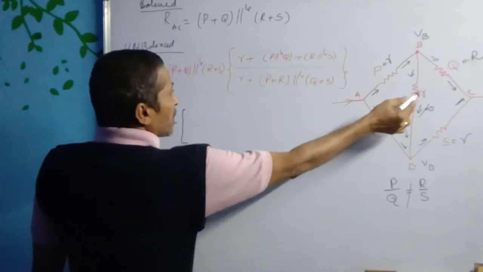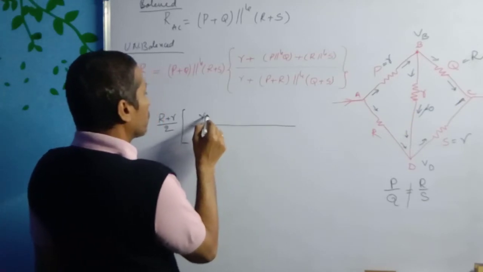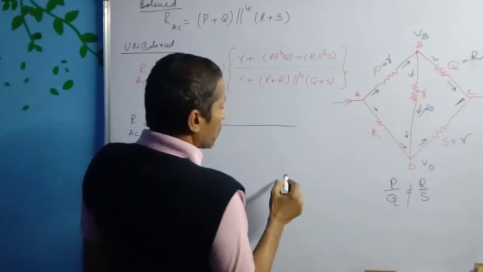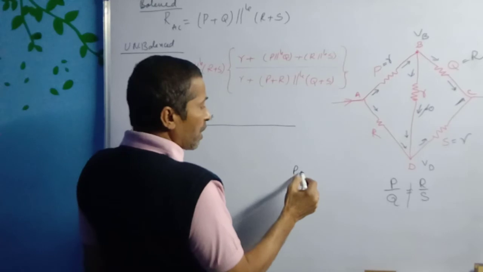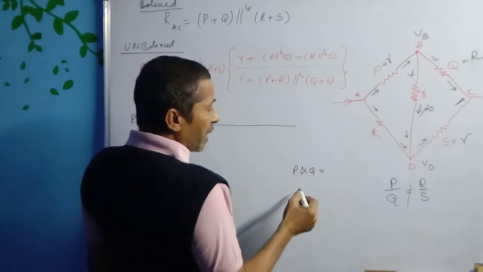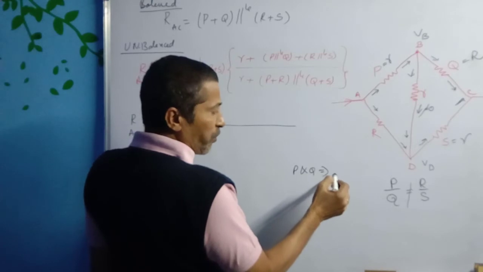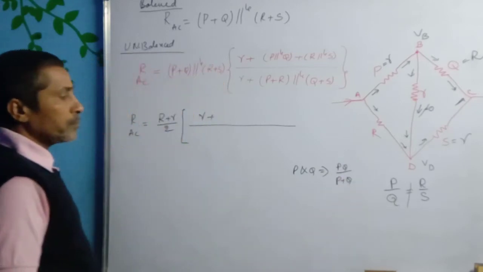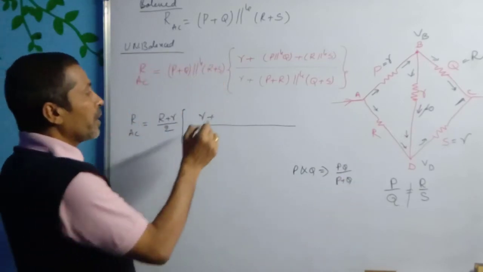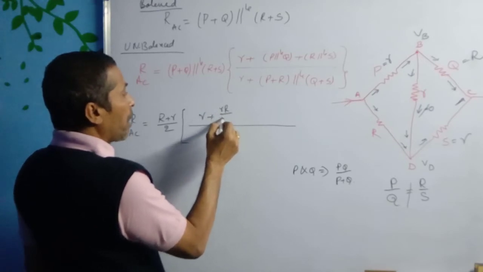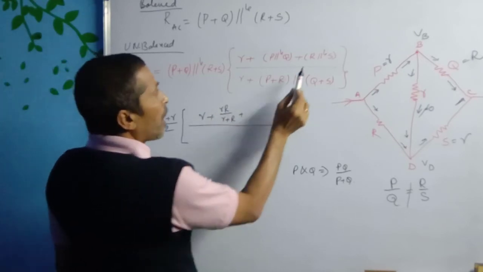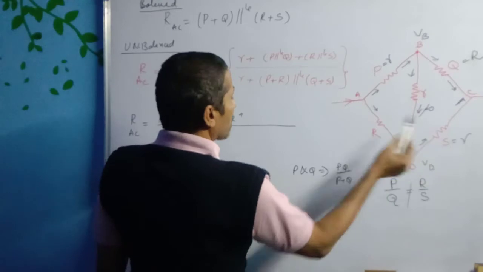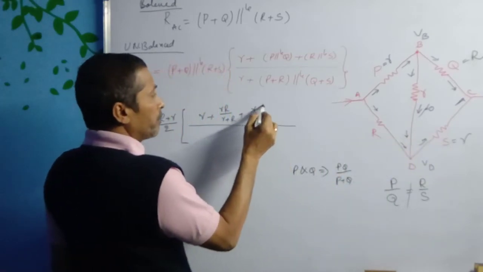This small resistance is given as small r. P parallel to Q means two resistances in parallel, and you know the formula: their equivalent resistance is PQ by P plus Q. Therefore, here it is capital R by 2 times small r, and the R and S parallel combination, where R is capital R and S is small r, is again the same.